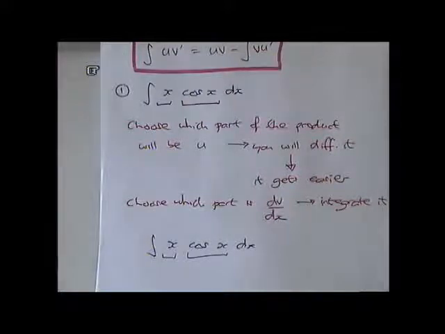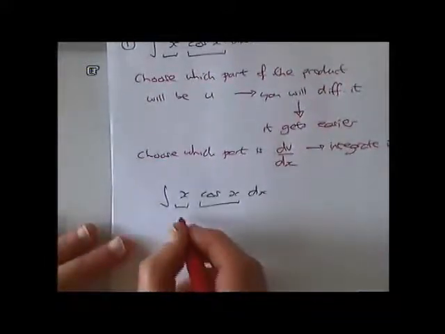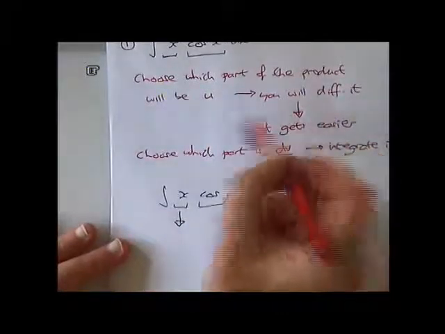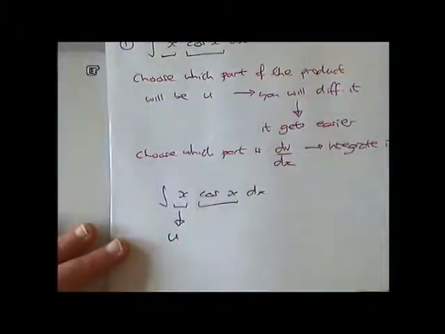So, that's how you come to the conclusion about which way round you do it. If you differentiate x, it becomes 1. And that's just as simple as you can pretty much get. So that bit there, if I want to differentiate it, that bit will be my u.